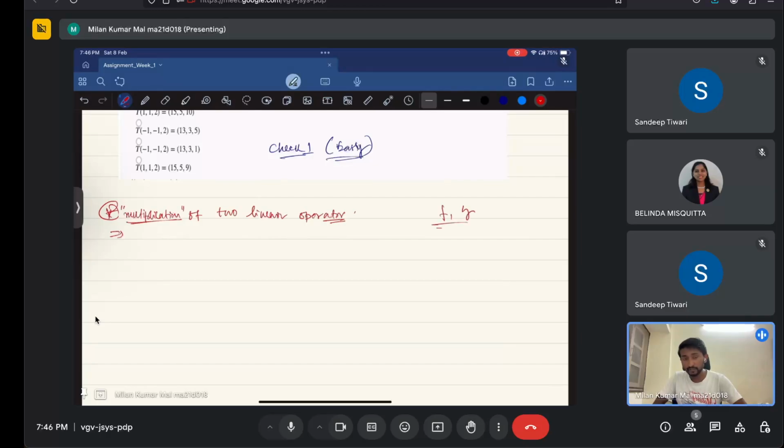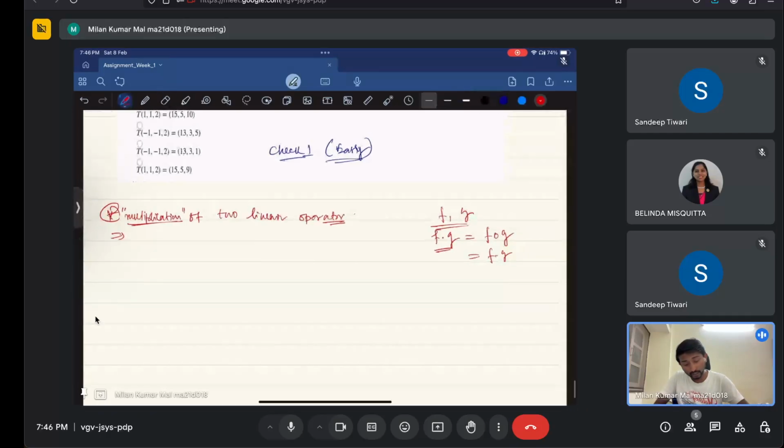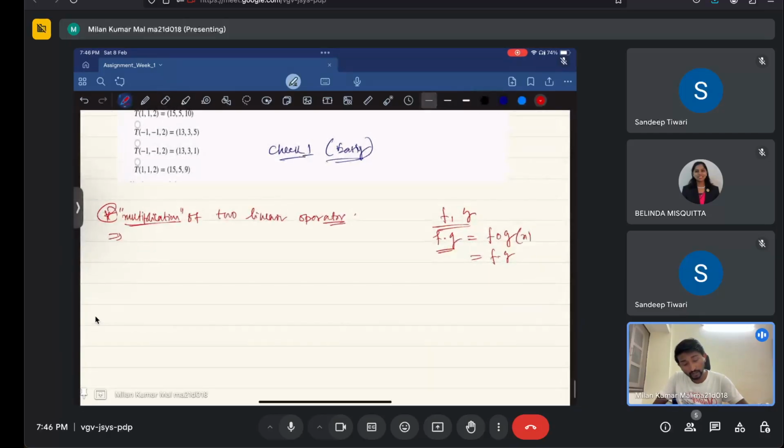We can give the product f dot g in two ways: f composed with g, where the value at x is f of g of x, or f of x times g of x. But here, as we are dealing with vector spaces, there is no product of two vectors in general.